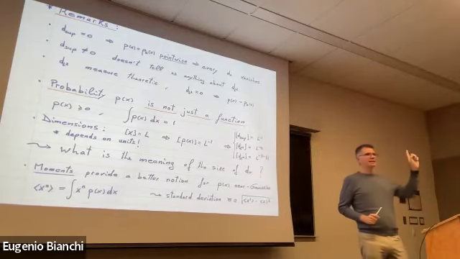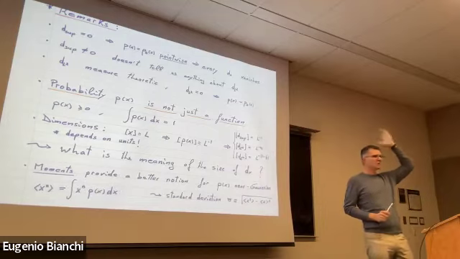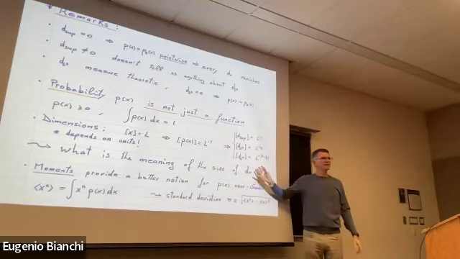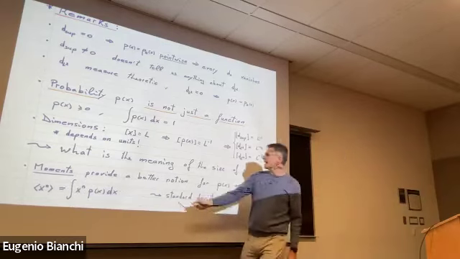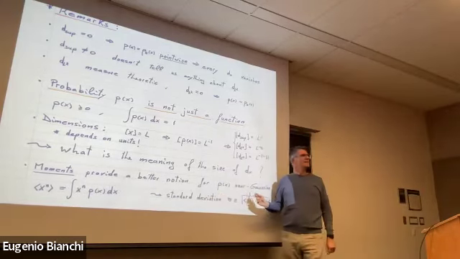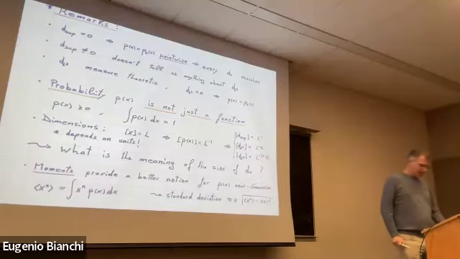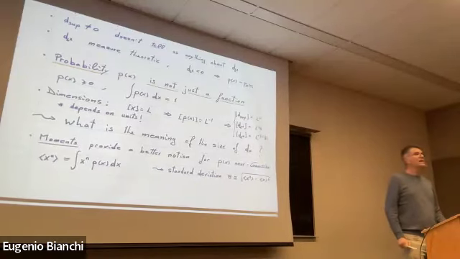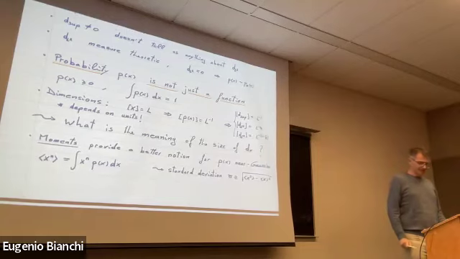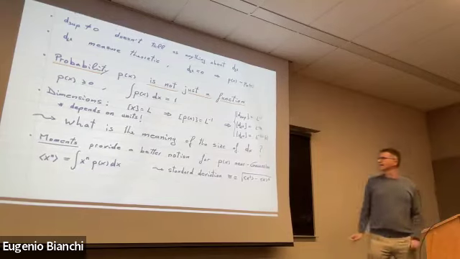There was a comment, I forgot to add the comment on moments. Somebody had the comment on checking moments. Moments provide a better notion of distance. If it's near Gaussian, you check the first few, okay? Why the specification of it being near Gaussian?